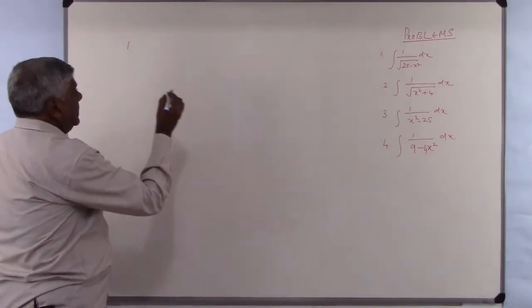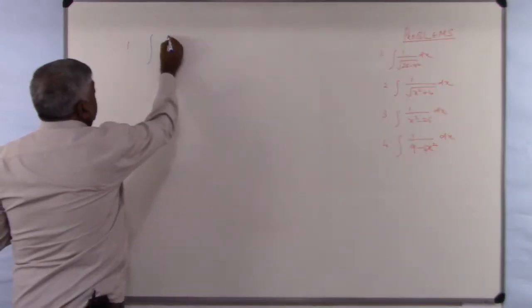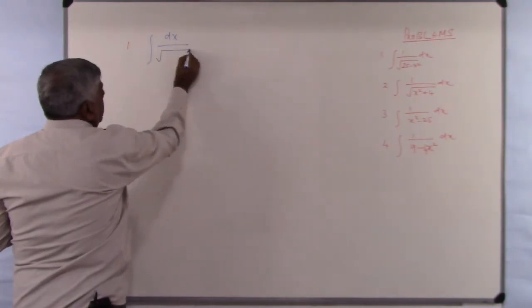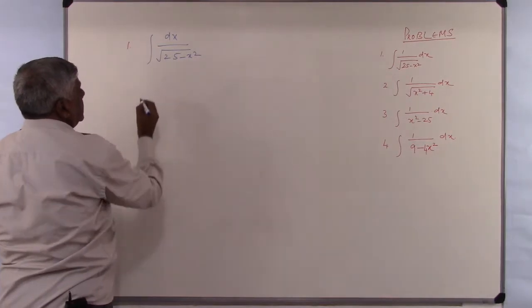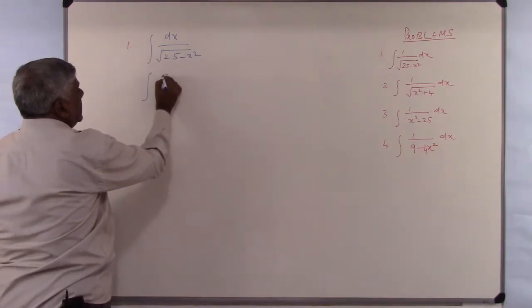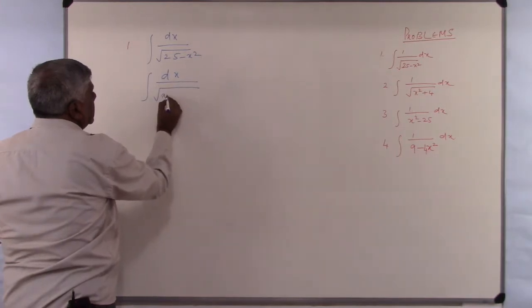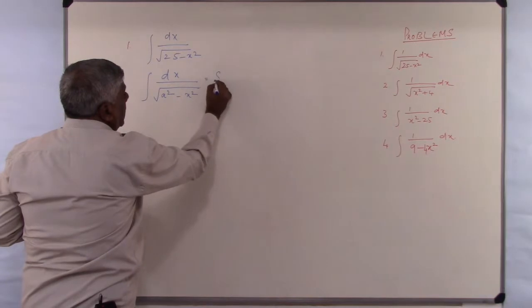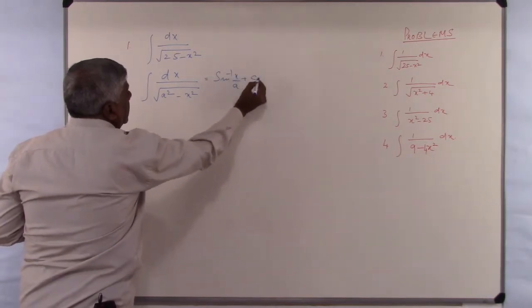Now we shall see the first problem. Integral dx by root of 25 minus x square. This is in the form root of a square minus x square, which is equal to sine inverse x by a plus c.